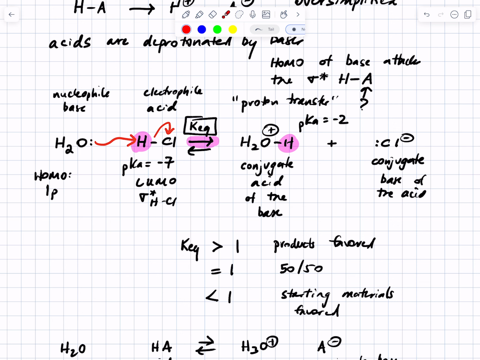Yeah, go ahead. Could you just maybe go over that one more time, like the different pKa's and why H3O+ is weaker? Yeah, so we haven't talked about why. The question is, why is H3O+ a weaker acid than HCl? And we actually haven't necessarily talked about that. We've just used data from a table that I looked up.